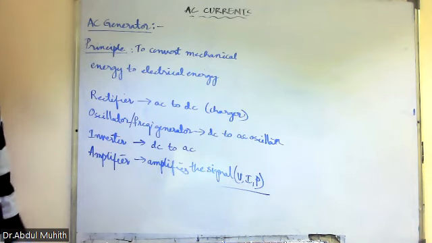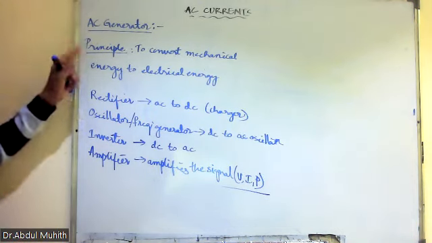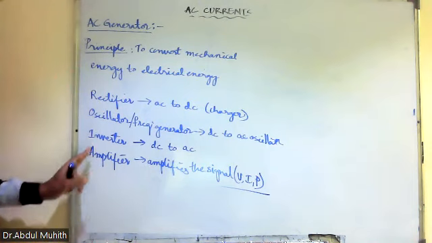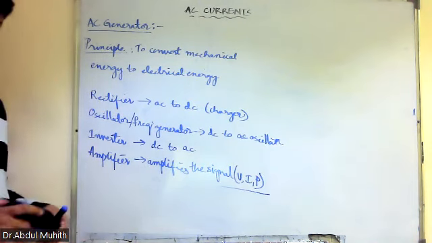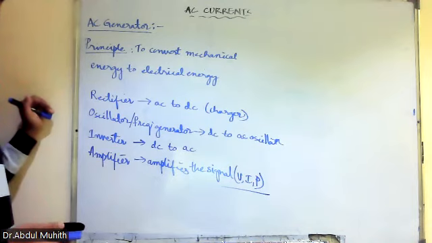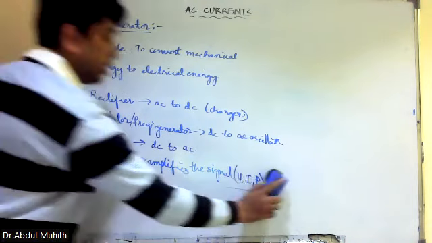Done. This you can copy later. First we copy this: rectifier, oscillator, inverter, and amplifier. Yes, sir. Done. Okay. Then I'm erasing this one.